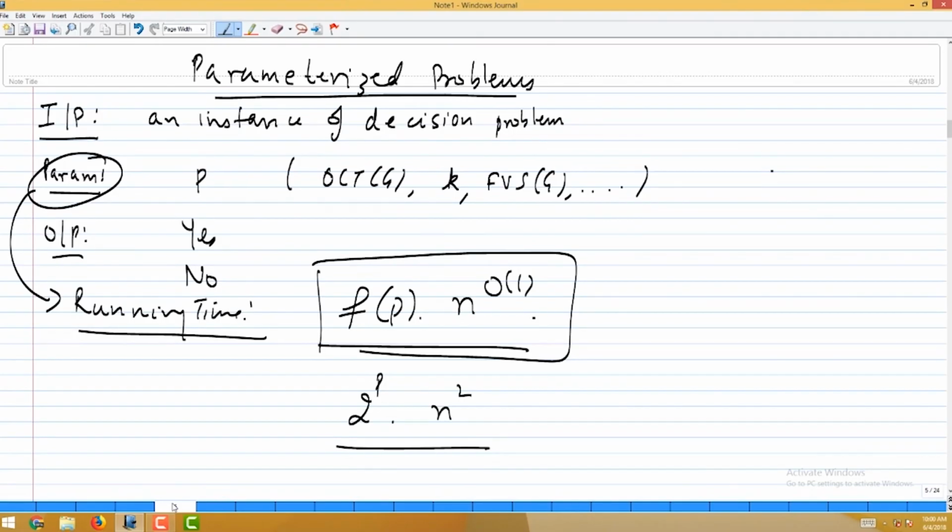In the course of these lectures, there is a theory of hardness for these kinds of problems also. So again, as people believe that P is not equal to NP, there are certain other conjectures which people believe, and based on those conjectures, we can conclude that unless that conjecture goes wrong, we can't solve certain problems in this sort of a time, and we'll see those kinds of things also. So there is a hardness theory for this setting also.